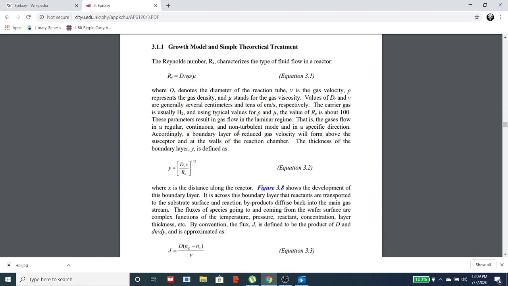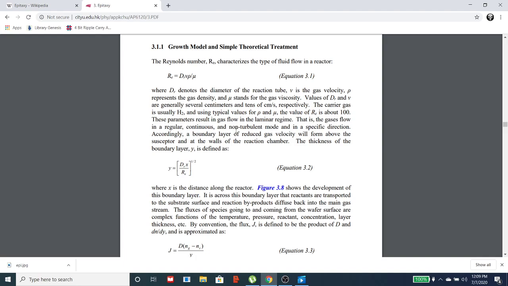So we go through an equation known as the Reynolds number, which describes the type of fluid flow in a reactor, how it flows. The Reynolds number is given by d_r v rho by mu, where d_r denotes the diameter of the reaction tube, v is the gas velocity, rho represents the gas density, and mu stands for the gas viscosity.